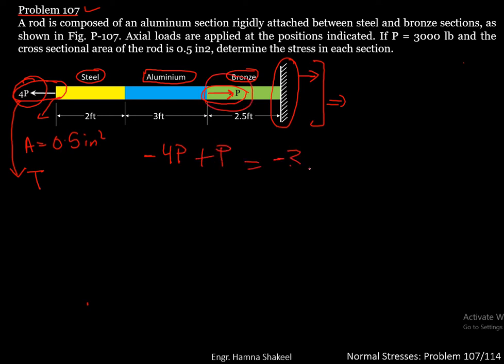So you have got minus 3P force acting on this rod globally. So you have got 3P force acting on this rod. If you find the reaction on this rigid connection, you will have a reaction of 3P here. So this is the global situation of this rod.